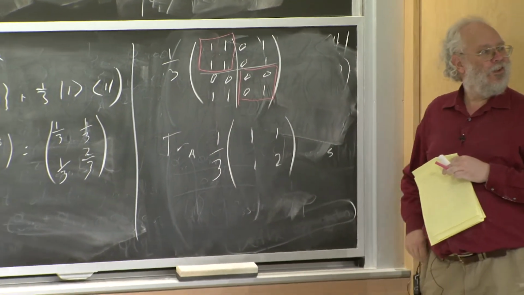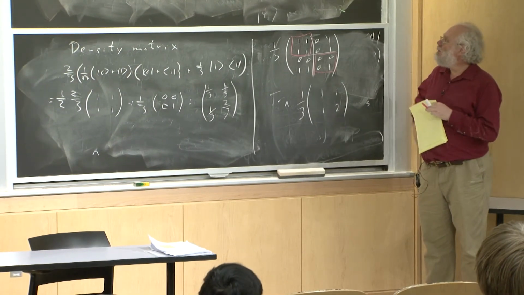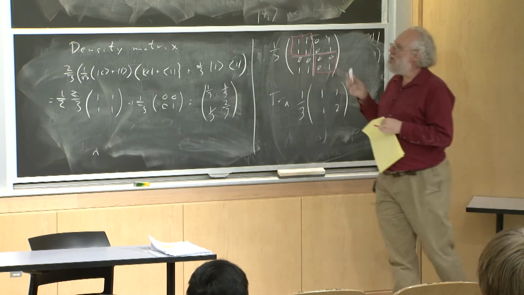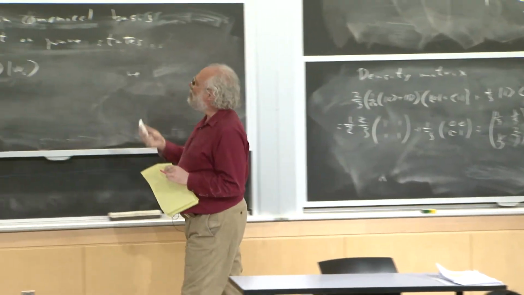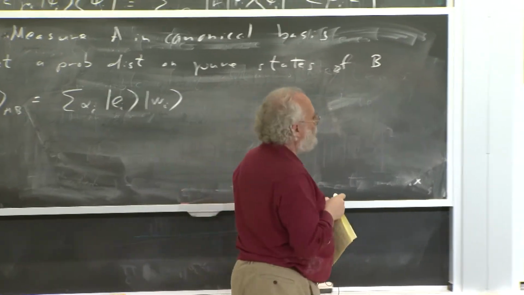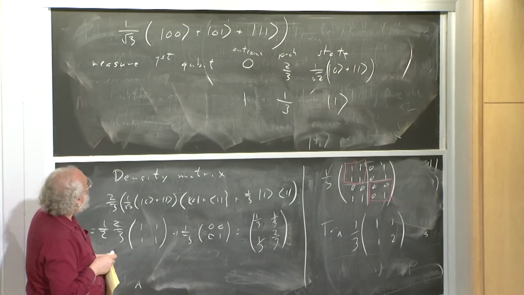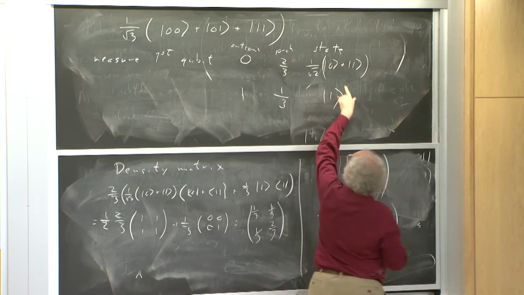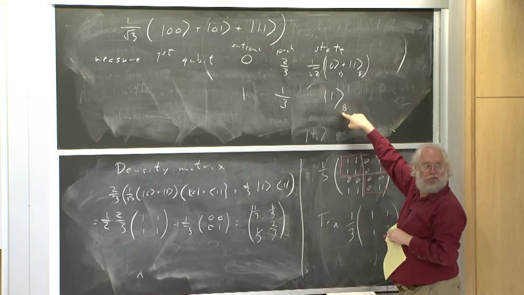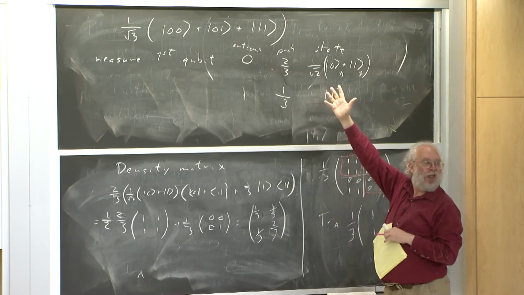Yeah? So when you say you're getting a probability distribution on pure states, you mean pure states of A? Well, if you trace out A, you're getting pure states of B. If you measure A, you get a probability distribution on pure states of B. Because here we measured the first qubit, and if we measured the first qubit as 0, we got this on B. And if we measured the first qubit as 1, we got this on B. But the top one is not a pure state of B. No, it's a pure state of AB.